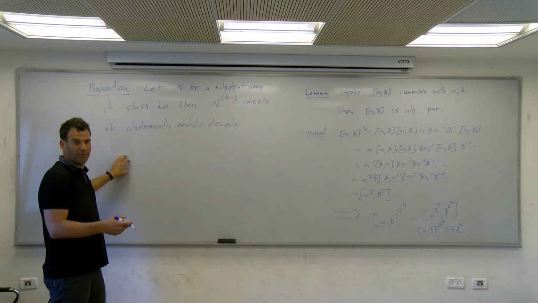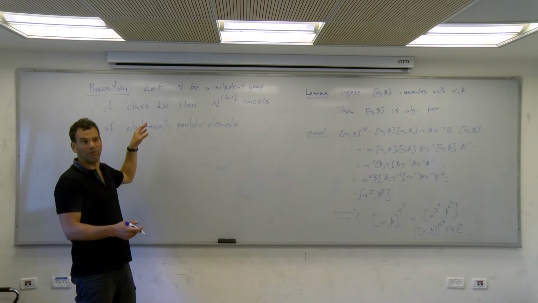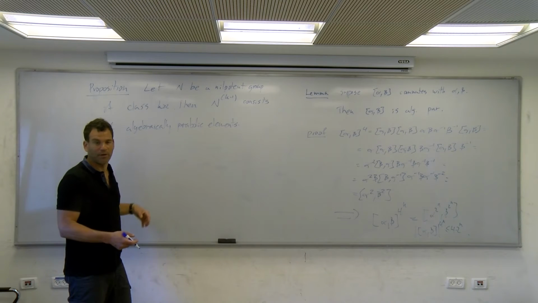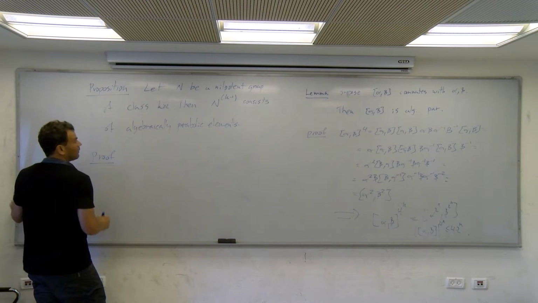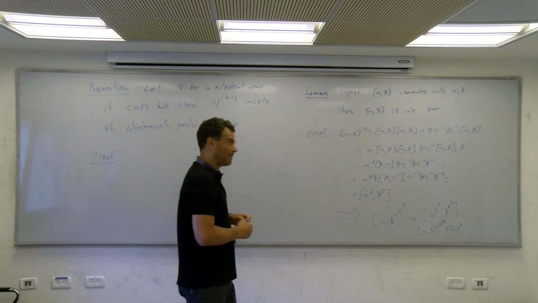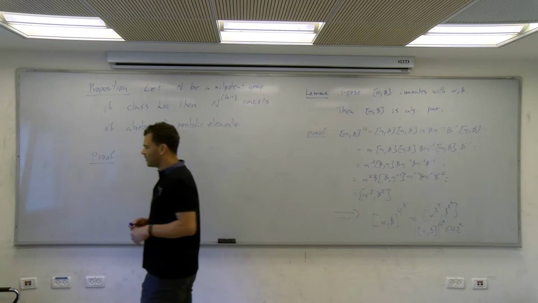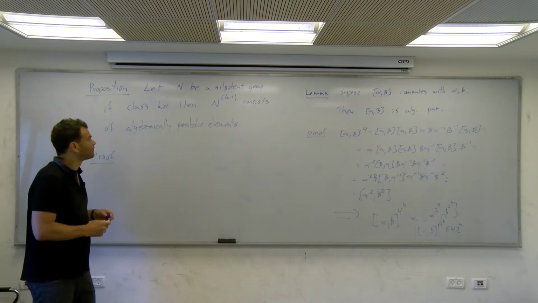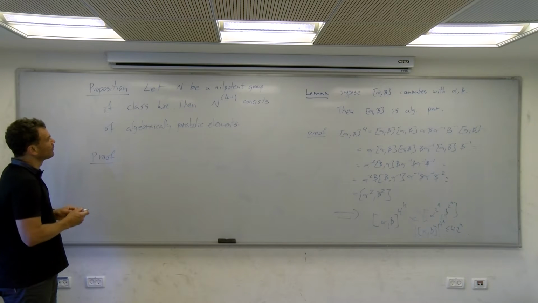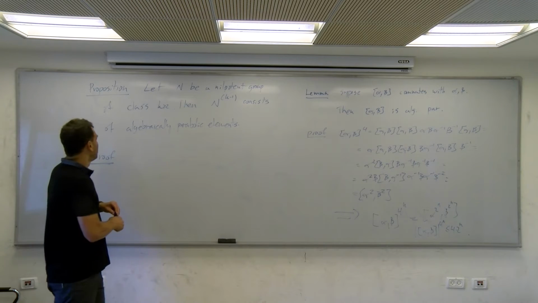I take N to the 0 is N, N1 is the commutator, N2 is the commutator of the commutator with the group itself, and so on. And the proof is as follows.